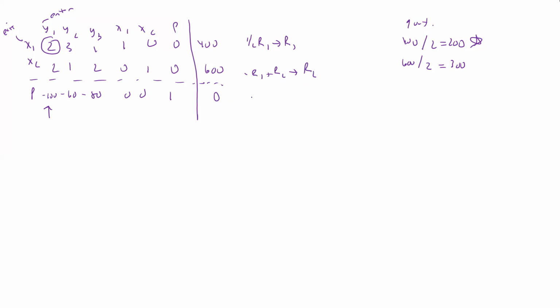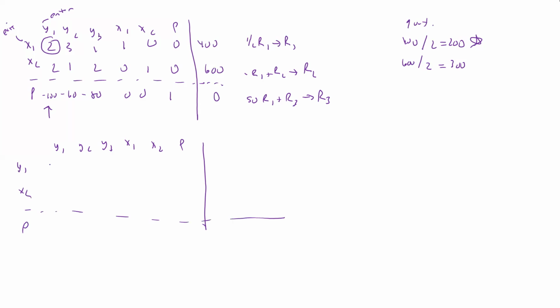And if we take 50 row 1 plus row 3, that's going to be our new row 3. All right, so we have y1, y2, y3, and then x1, x2, p. And this is now y1, and this is still x2, and this is still p.